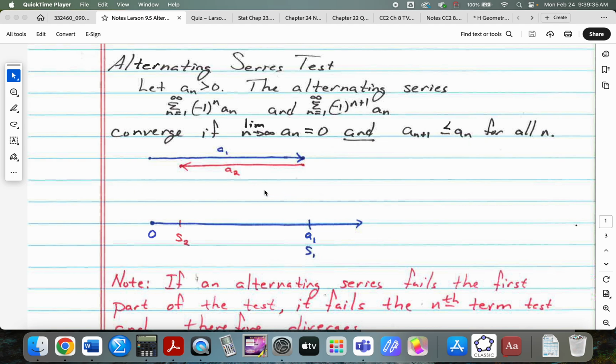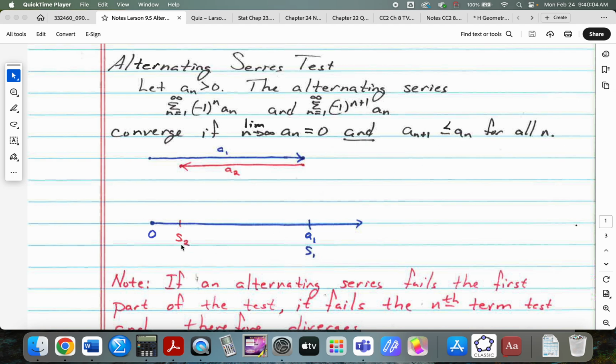Okay? So here I've shown a diagram where if we start at 0, if this is the first term, a sub 1, then in the sequence of partial sums, remember we did that at the very beginning, S1 would be A1, right? And then if this is A2, notice I didn't go as far to the left because each term's got to be less than the previous term.